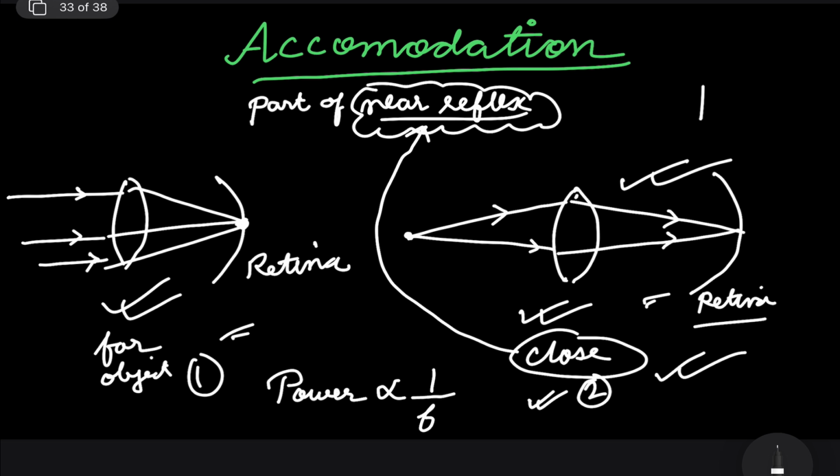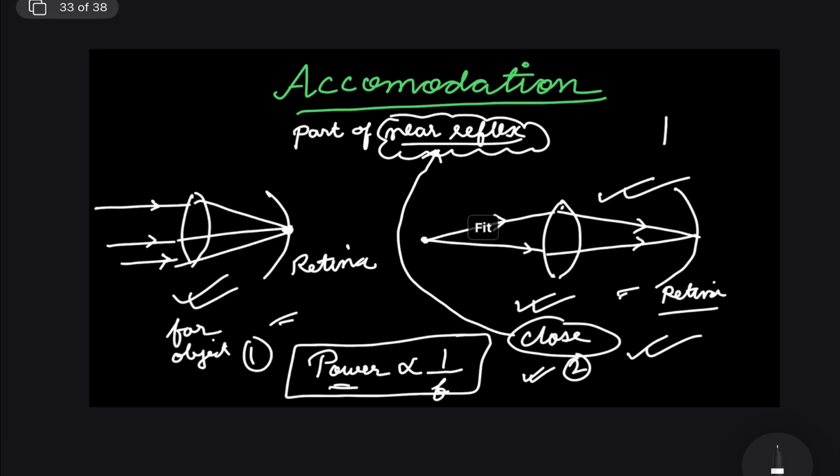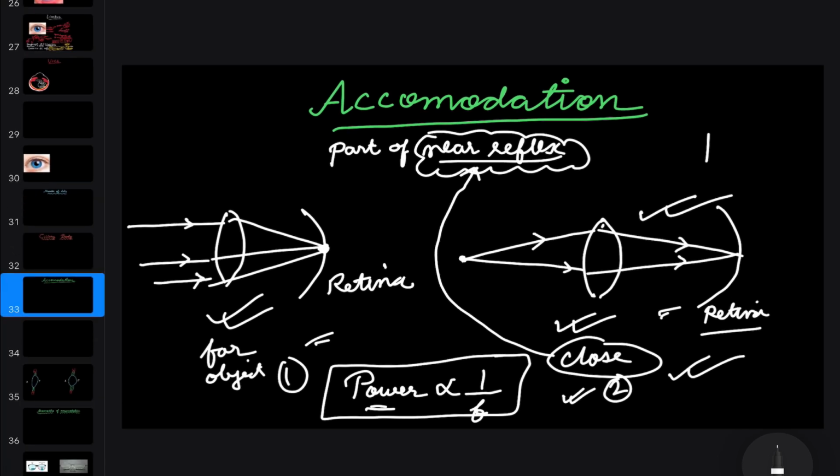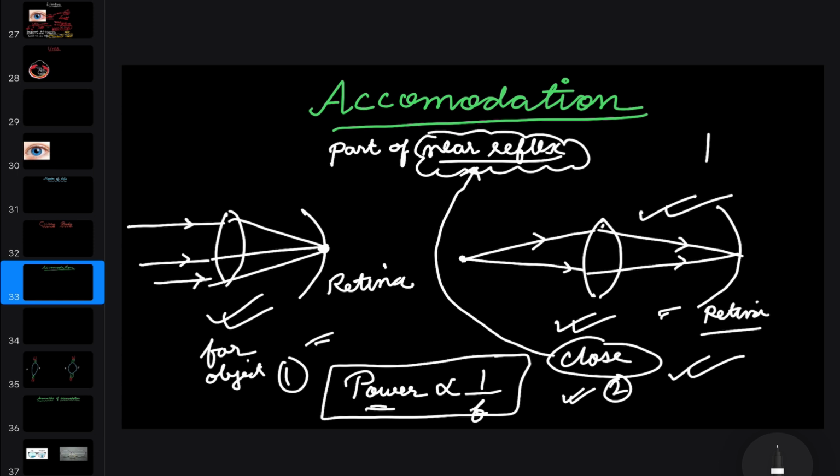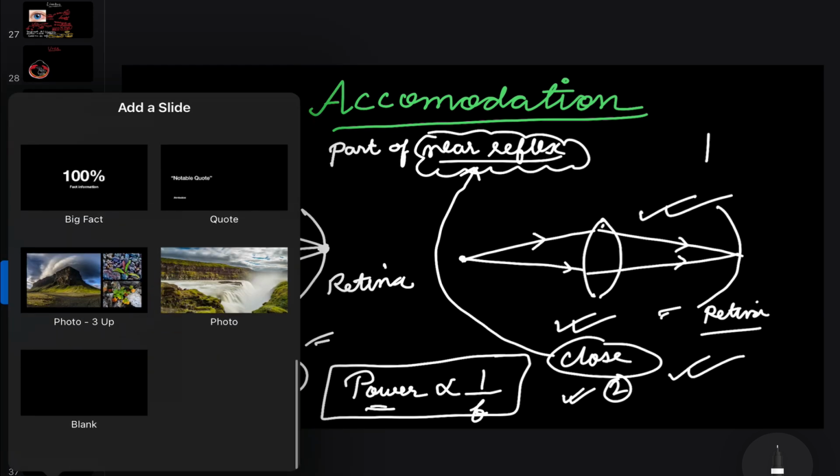What is that? Power is actually 1 by focal length, or it is inversely proportional to the focal length. What does this mean? This means that more the focal length, lesser the power. Let's make this easier, or rather simpler. Suppose, let me make another slide over here.